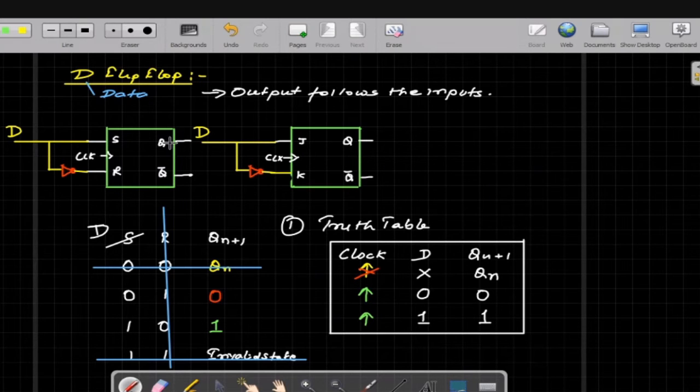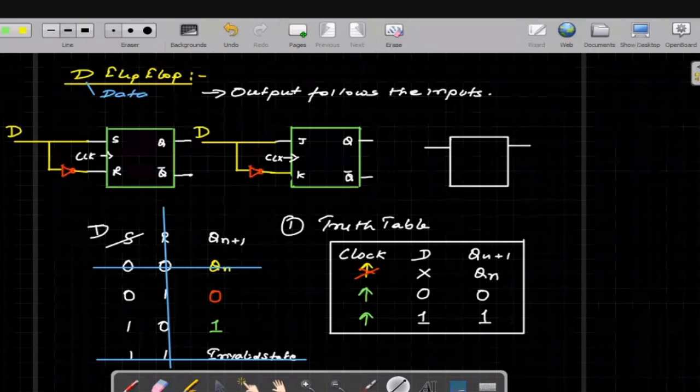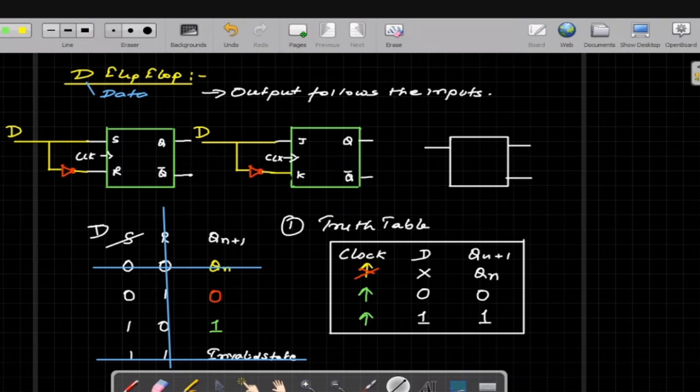Most of the time you might have seen this kind of diagram. This is one block in which there is one input terminal, which is D, and two output terminals like this.